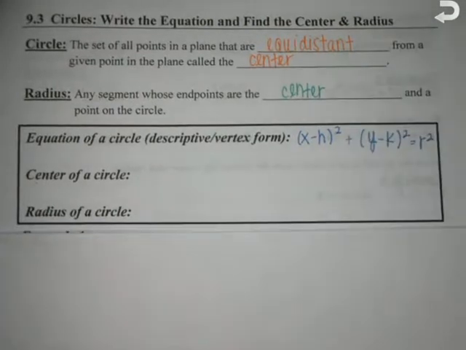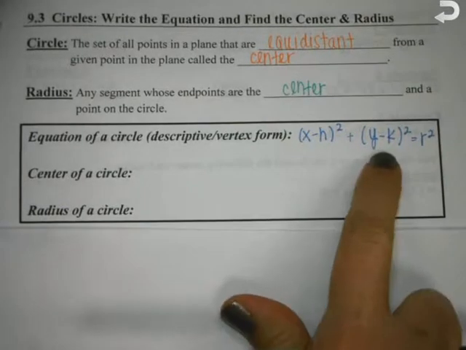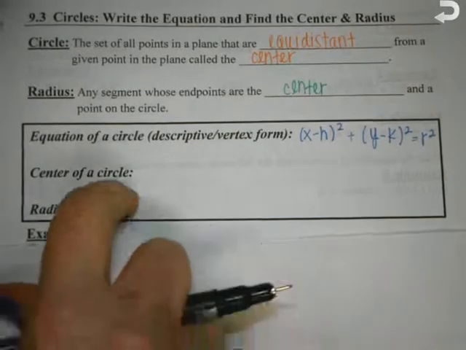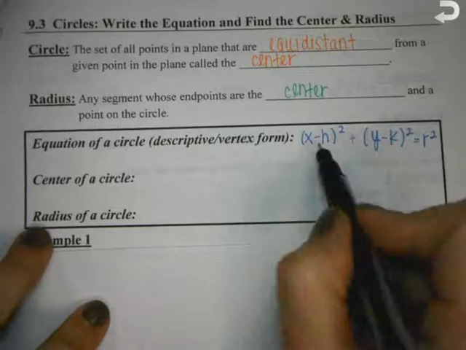So this is very similar to the vertex form of a parabola that we already know. The only thing that's different is now y is also being subtracted by a number, and then that is being squared as well. So the center of my circle is going to be the point (h, k).